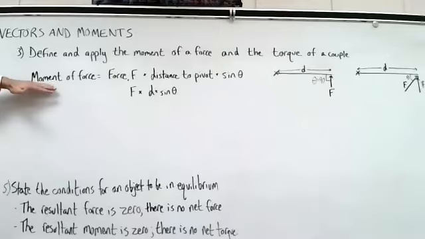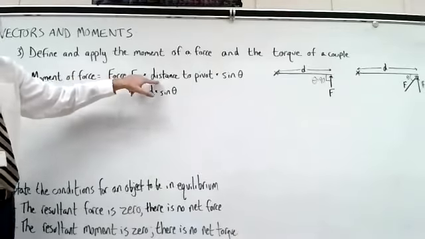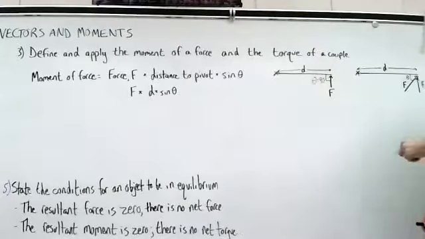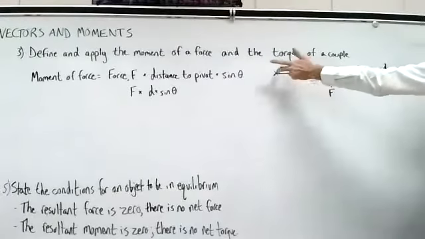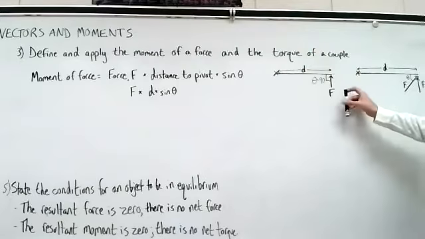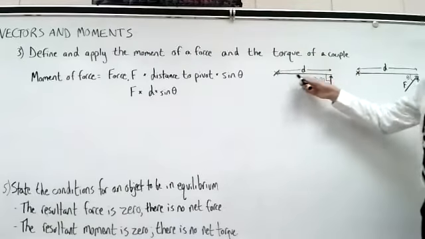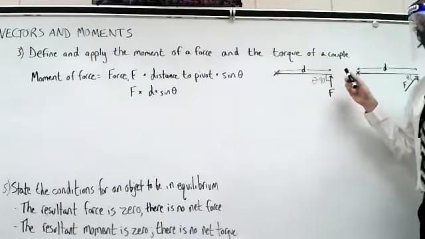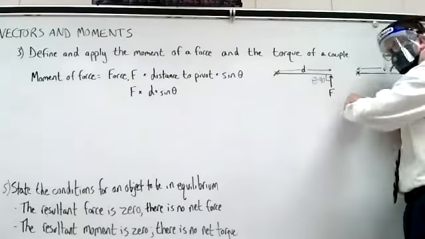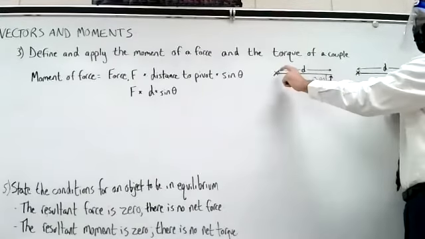So the definition of moment of force is the force F times the distance to the pivot times the sine of theta, where theta is the angle between the displacement vector, the distance to the pivot, and the force. If the force is perpendicular to what we call the lever arm, you have leverage, force, leverage.